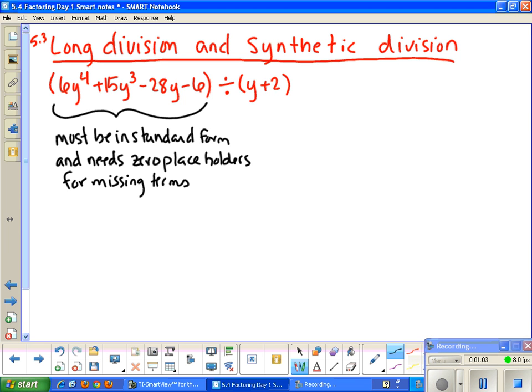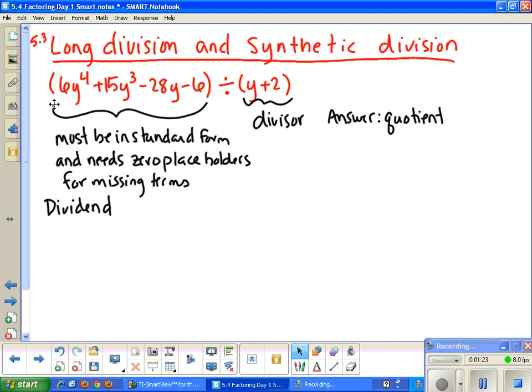And this right here is called our divisor. And the answer is called the quotient. And again, this one was the dividend. So let's go ahead and do our long division first.